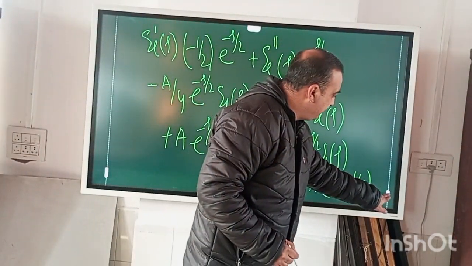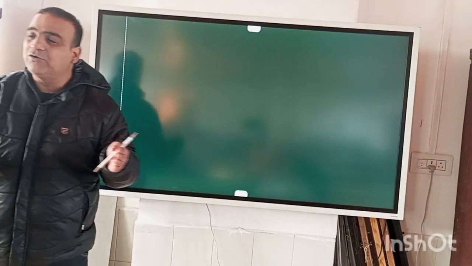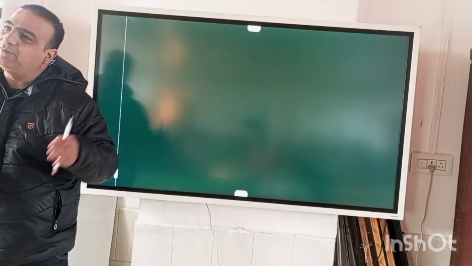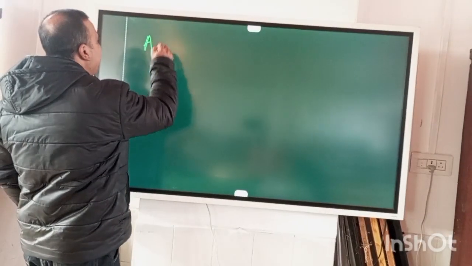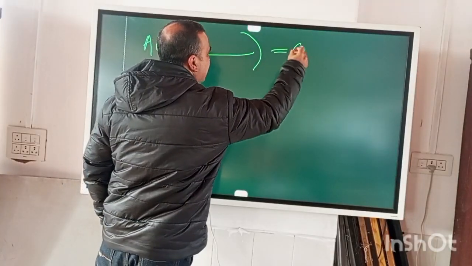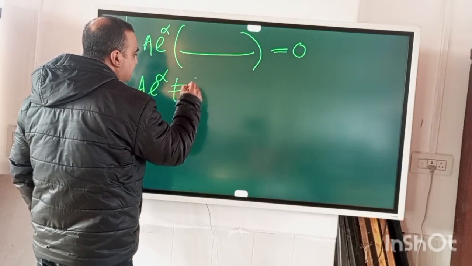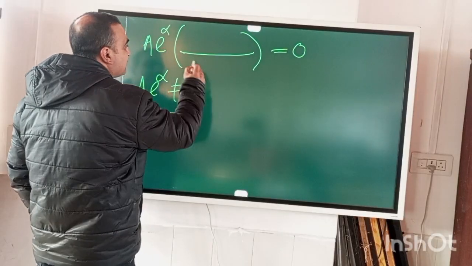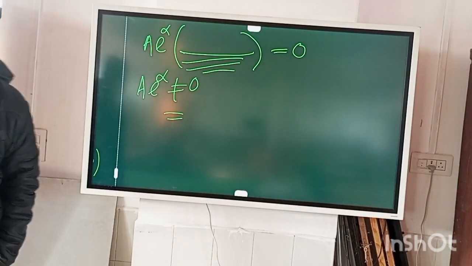So you will see that in this equation, the exponential term will be out, a will be out. It will be like a exponential times something equals 0, but this a exponential is not equal to 0. That means the thing that you have in the brackets will be equal to 0.